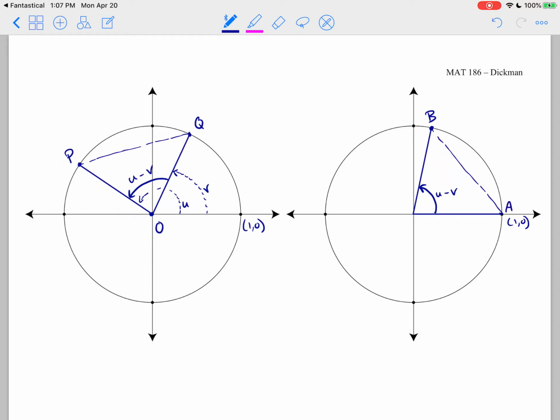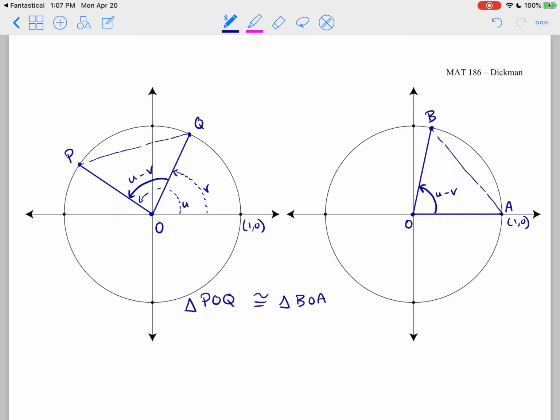Okay, and this is still O here for origin. So we know that triangle POQ is congruent to triangle BOA.